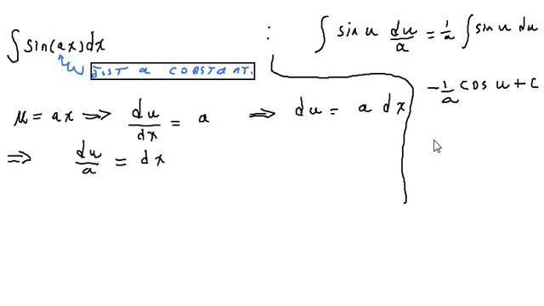So now I am going to go back and recreate the indefinite integral of this expression using what I have here. All I have to do is substitute u equals ax in this, and I will obtain the indefinite integral of this expression here.